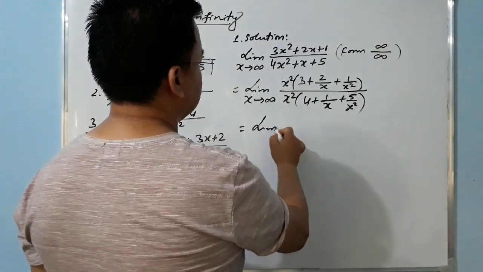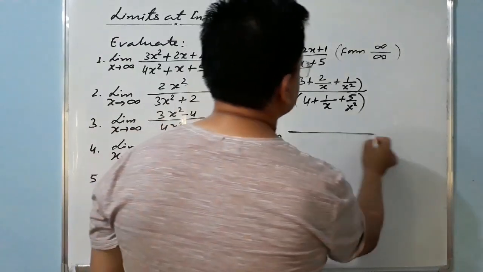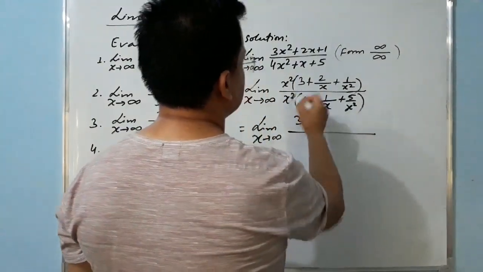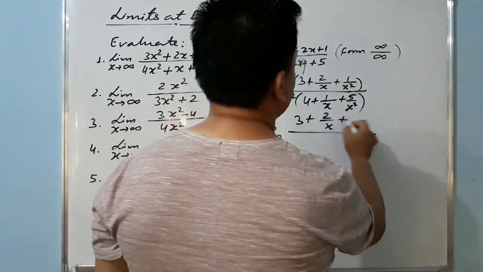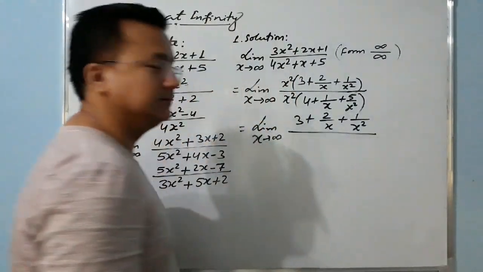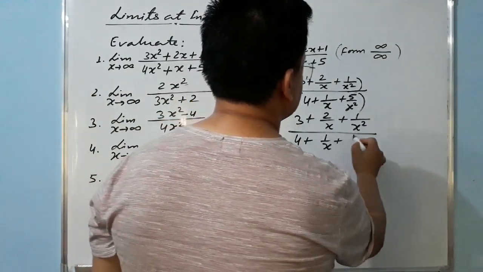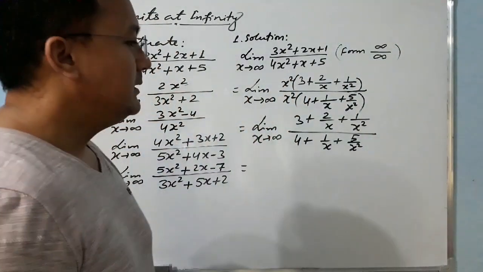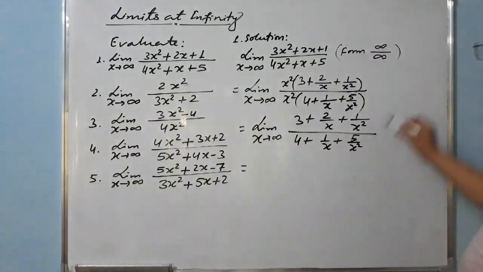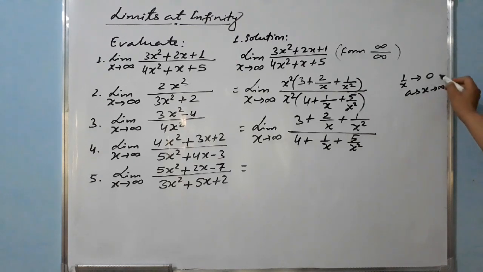Now limit as x tends to infinity. Here the x² cancel out: (3 + 2/x + 1/x²) over (4 + 1/x + 5/x²). One thing we have already discussed: 1 upon x tends to 0 as x tends to infinity.